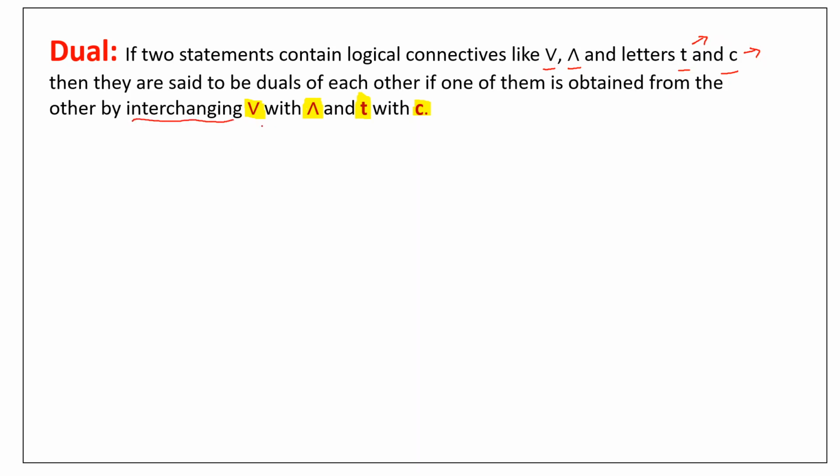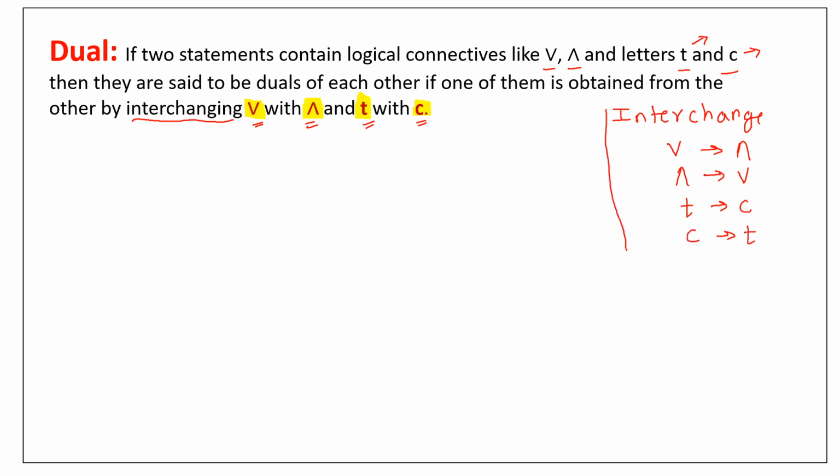You have to remember this. We have to interchange and by or, T with C. So what we have to do in duality: interchange and by or, or by and, T by C, C by T. Okay, so you have to remember this.